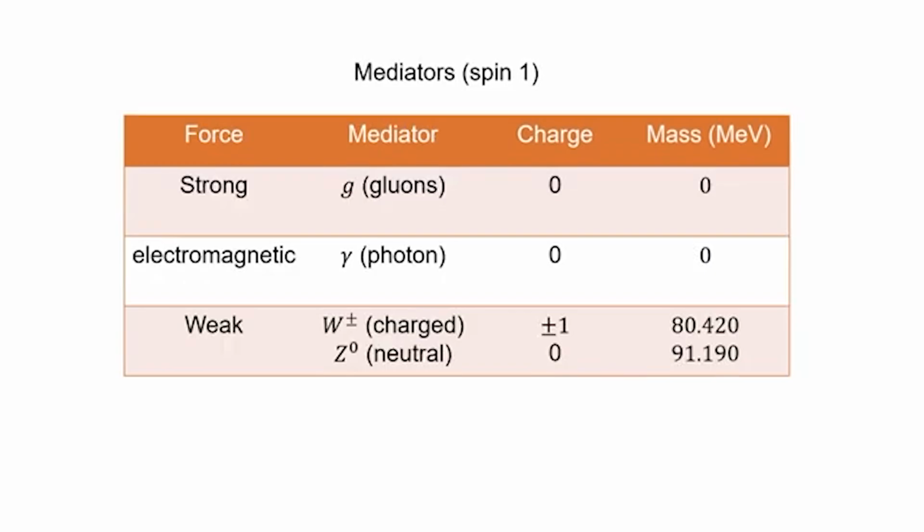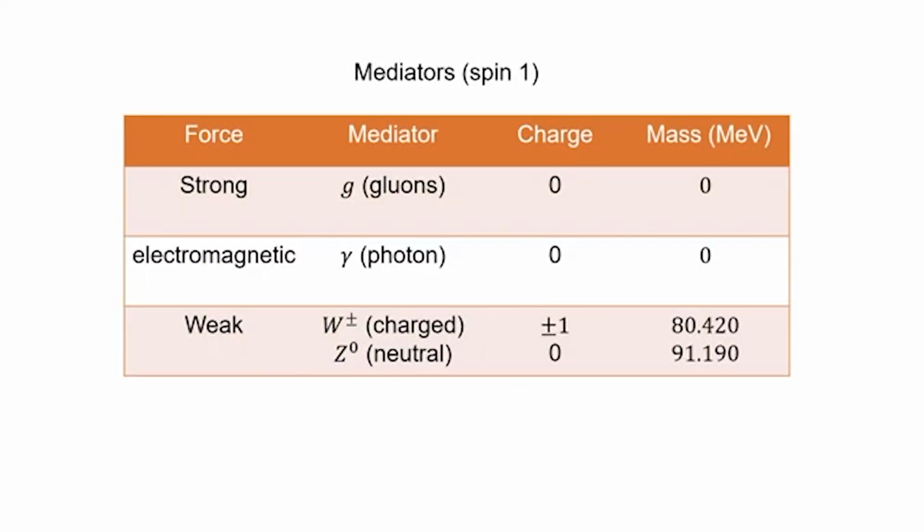Then these mediators of force which are spin 1 mediators. The mediators of strong force are called gluons, just like the mediator of electromagnetic force is called photon. So, these strong forces are called gluons which have charge 0. These are charge neutral objects and mass is also 0.